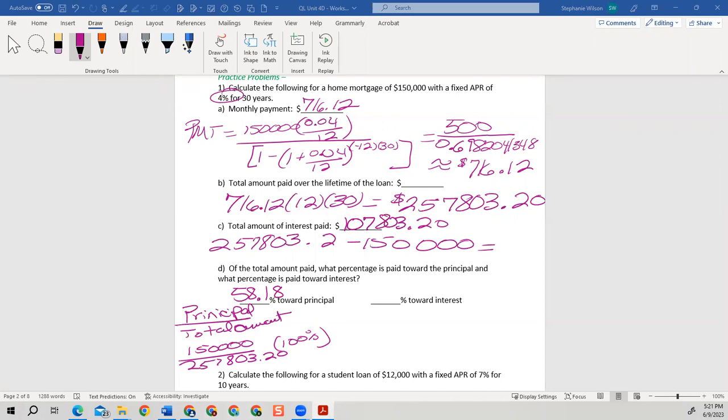You could do that, but I encourage you to understand the formula method. So what we're going to do is take our total interest and divide it by our total amount.